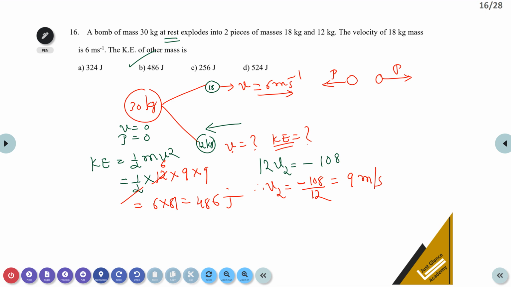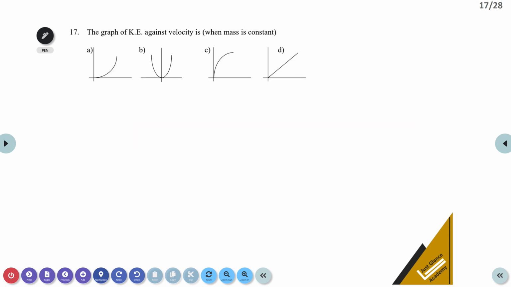This problem is purely based on the law of conservation of momentum, and every word is important here. Initially the bomb is at rest. Next, the graph of kinetic energy against velocity: this is the right graph. It is a parabolic graph because kinetic energy equal to 1 by 2 m v square.